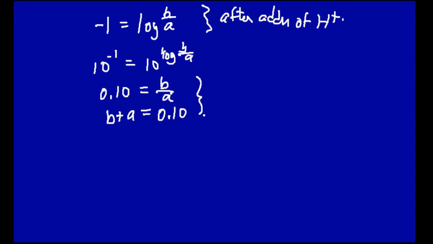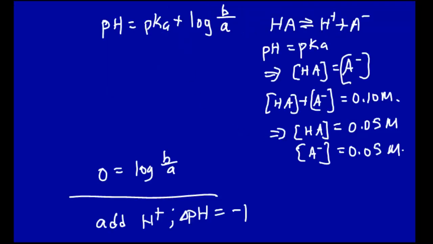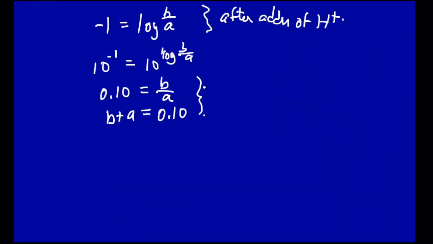We want to solve for the acid concentration. The acid concentration will tell us after we add H, this will be the acid concentration. We'll compare that to the acid concentration before we added, and then see how much H plus we added. All right, let's solve this first equation for B. B is equal to 0.1 times A. Plug that in down here.